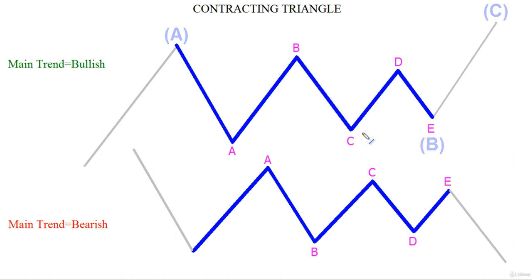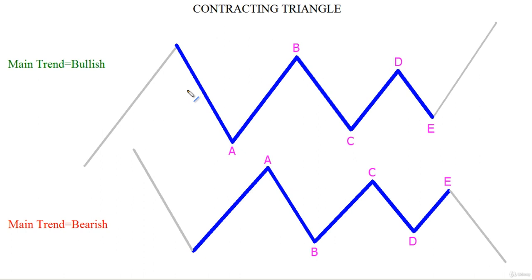And out of these 5 waves of a triangle, 4 waves must belong to the zigzag family, right? They could be either a single zigzag, a double zigzag, or even a triple zigzag. So at least 4 waves should belong to the zigzag family, and 1 wave may take the form of another small triangle at rare times.